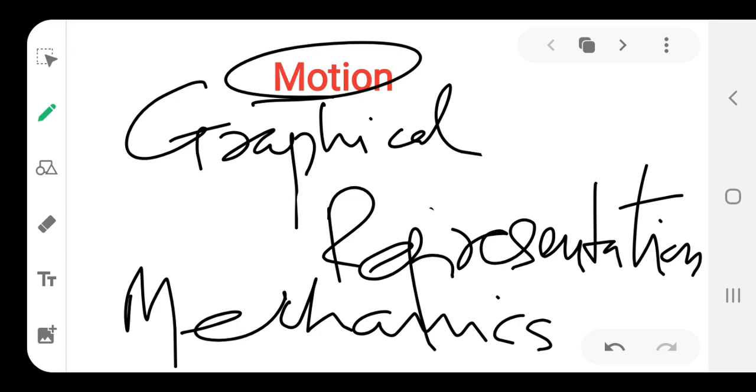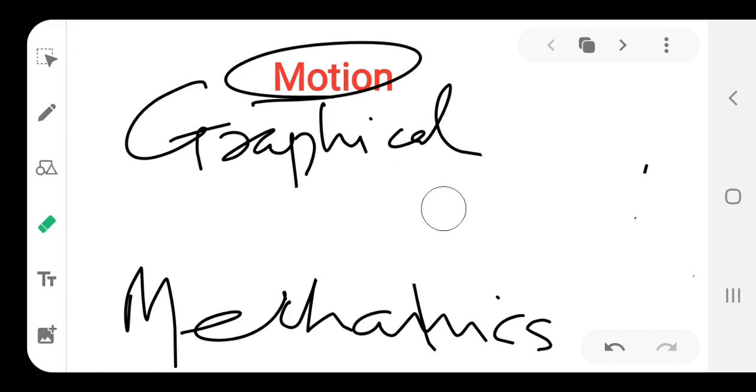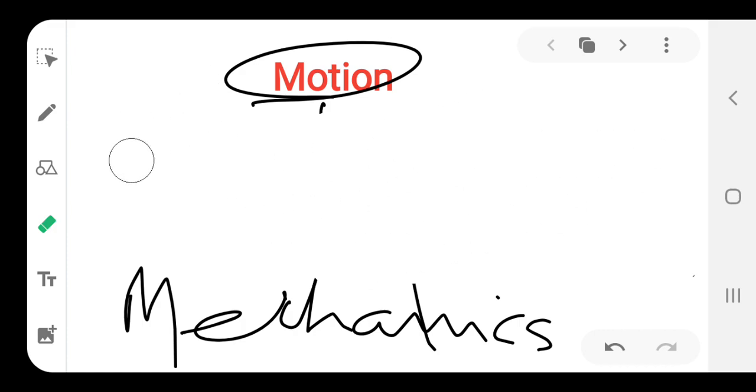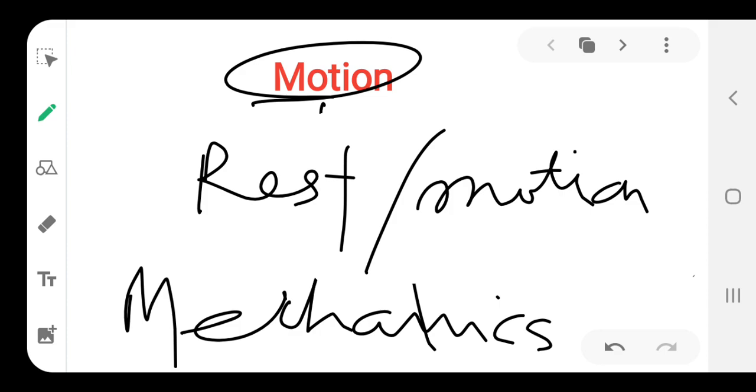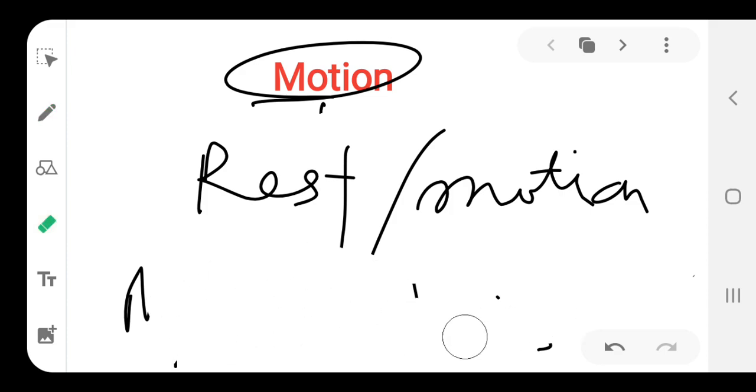It is the branch of physics, write it down, which deals with the condition of rest or motion of material objects around us. So, that is mechanics. In mechanics we are going to study a topic called kinematics.